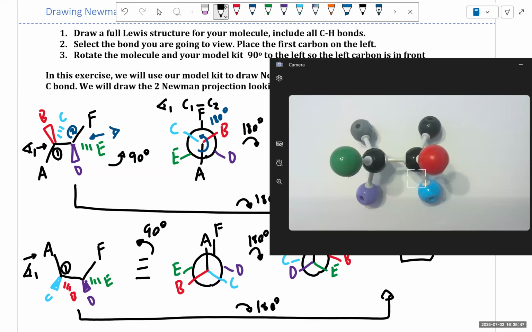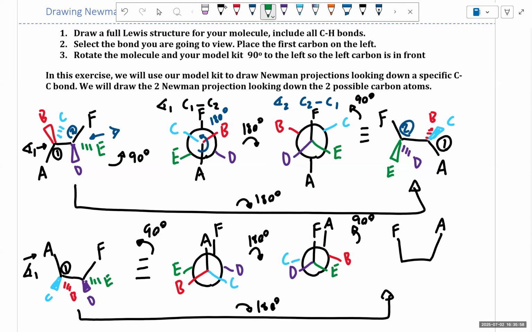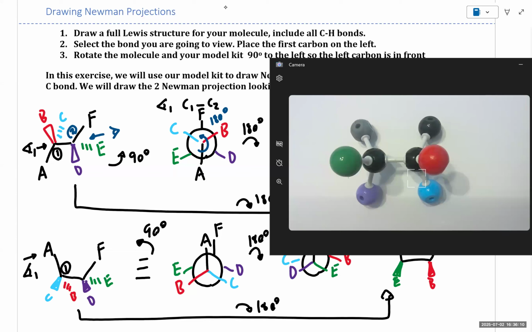Now we'll draw what we see. In this case, atoms E in green and B in red are wedged, pointing towards us. And atom D in purple and atom C in blue are dashed, pointing away from us.